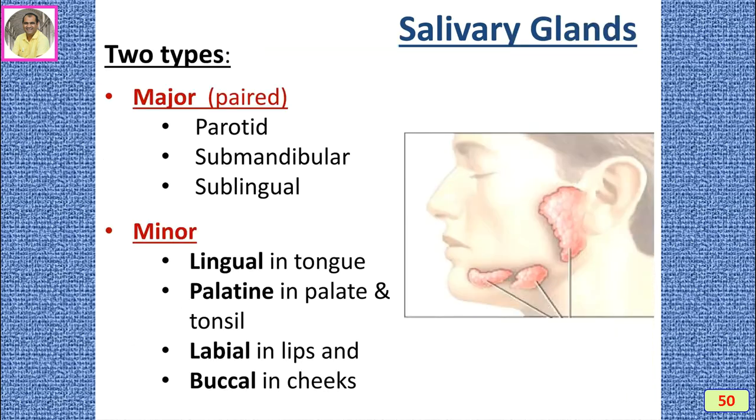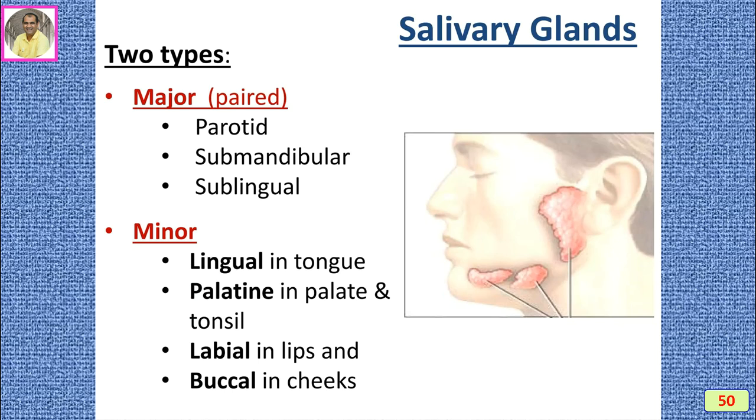The two types of salivary glands are the parotid salivary glands and the submandibular and sublingual salivary glands. The parotid salivary glands, as shown in this picture, are very close to the upper mediolateral part of the ear. Then there are the lingual glands in the tongue, palatine in the palate, and the tonsils also secrete some lymph.